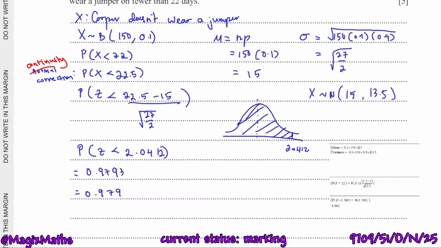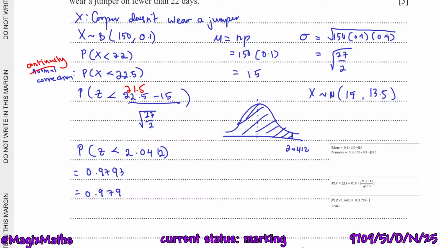22.5 minus 15, 13.5. Yeah, so apparently I got... Oh! Yeah. This here... Wait, no, it's 15. It's 2... Oh, it's 21.5. Wait, why is it 21.5? So it says here, use continuity correction to 1.5 with 22.5.